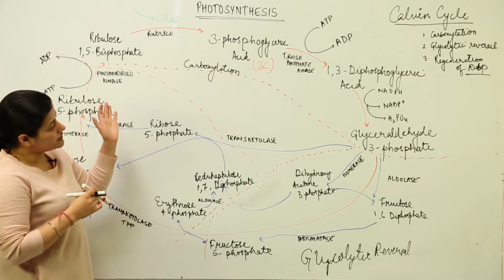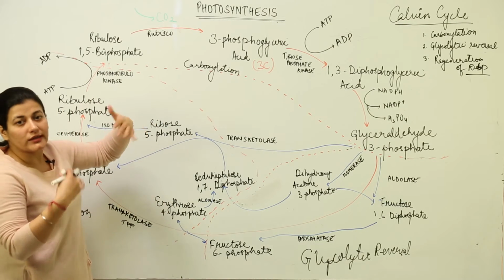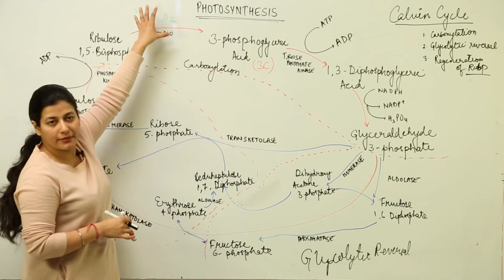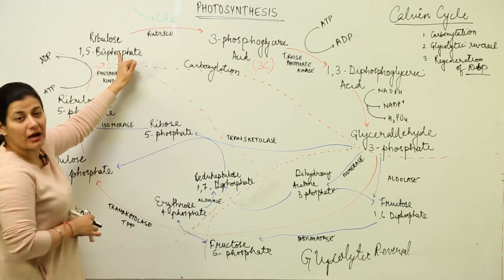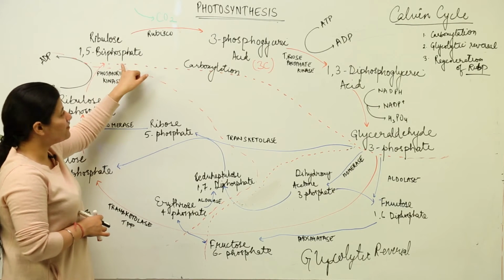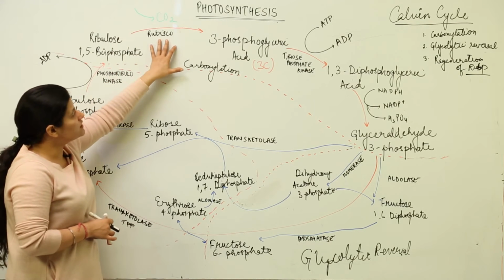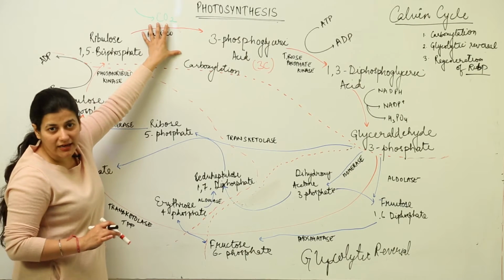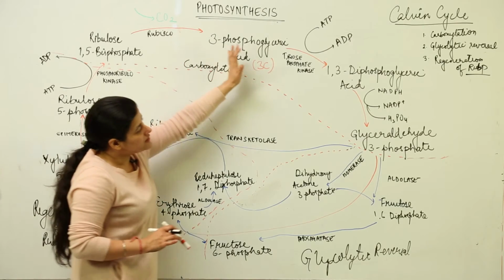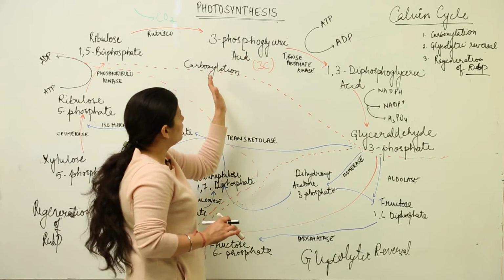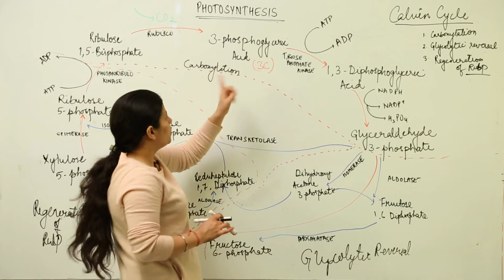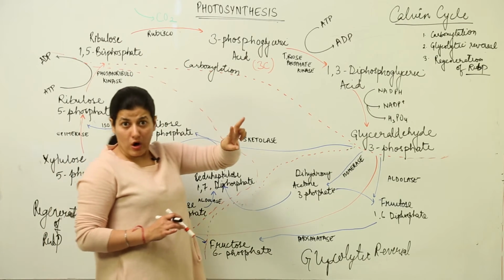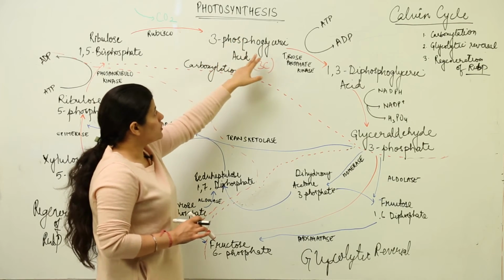Now what you have to see is how it happens in a cyclic manner. What are the steps which are taking place and at what stage. Carbon dioxide comes and combines with the 5-carbon compound ribulose 1,5-bisphosphate in the presence of the enzyme Rubisco, which shows carboxylase activity and leads to the steps involving the process of carboxylation. Now what are those steps? First of all, this ribulose bisphosphate would form two compounds of 3-phosphoglyceric acid.